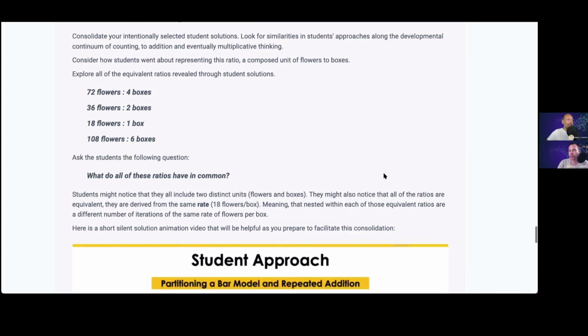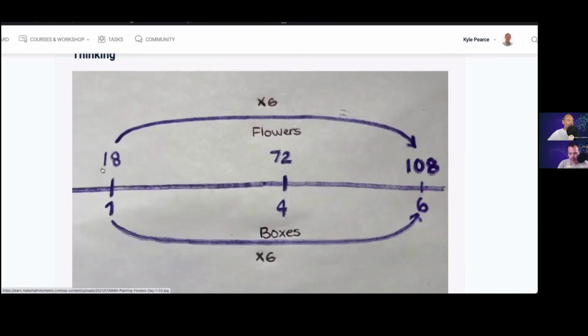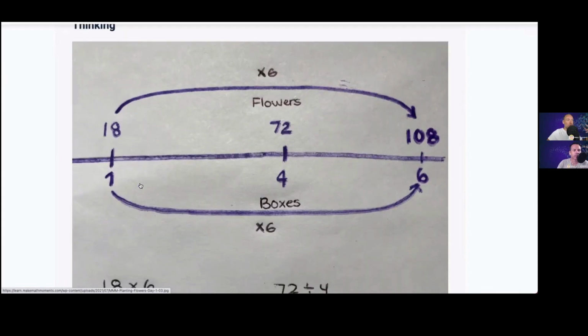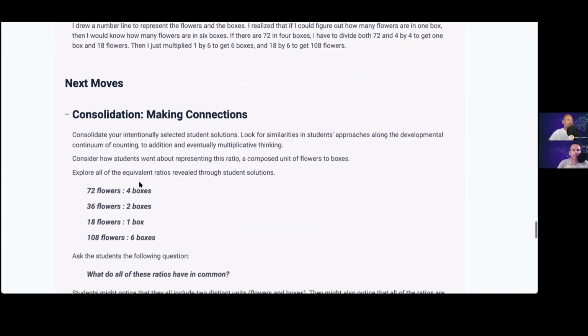And at the end of the day, we see that rate on the double number line, 18 flowers per 1 box. But I want to be specific here, because 18 to 1 is different than 18 per box. One is a rate. The other one is just a ratio that has one of the quantities as 1, or a unit. So these are things that we explore in this particular unit.